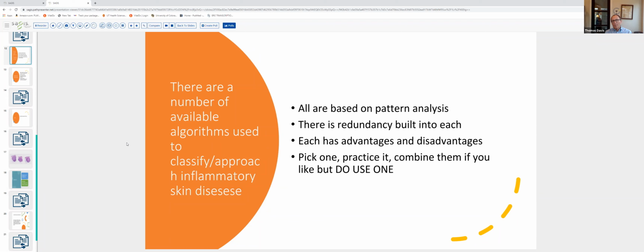And if you pick up your favorite textbook of dermatopathology, Elston's or Weedon's, you'll notice that they have a chapter on lichenoid dermatitis and a chapter on psoriasiform dermatitis and a chapter on blistering dermatitis. And these are the algorithms that I was talking about. And each classification of inflammatory skin disease has advantages and disadvantages.